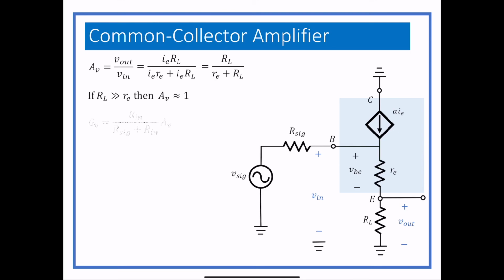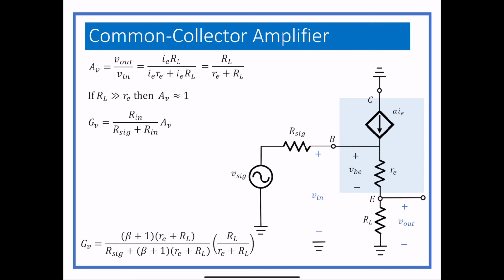So the voltage gain, Rin over R signal plus Rin times AVO, works. And actually, what often ends up happening is that we can take Rin, R signal, Rin, and AVO and make it again into a big ratio of resistors. So Rin is beta plus 1 times little re plus RL. R signal doesn't change.